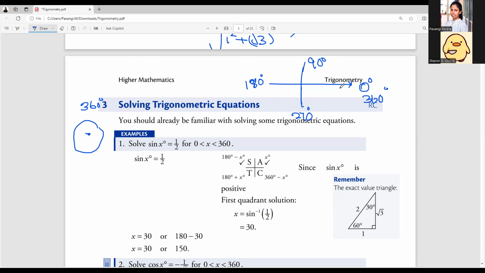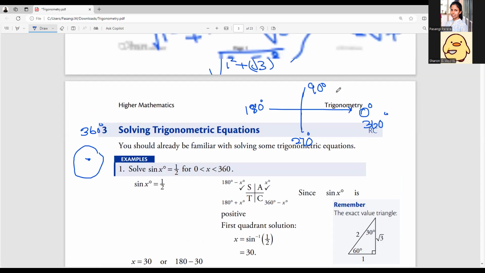So these are all four quadrants what we normally have. When it comes to quadrants, in the first quadrant all the ratios, I mean sine, cos, tan, all three ratios are positive values.